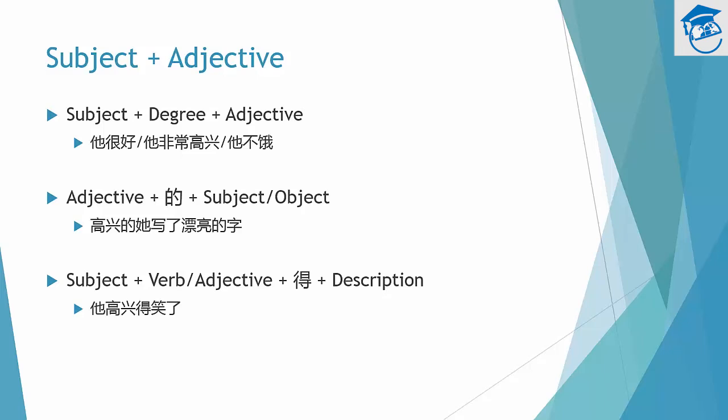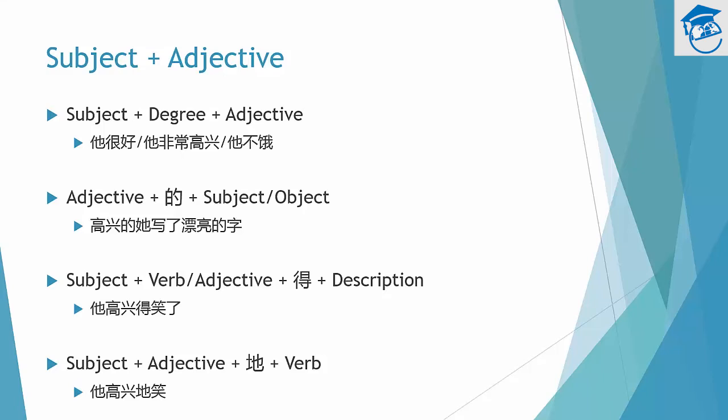And of course, there is another way to construct adverbs: subject, adjective plus 地 plus verb. The example I have here is 他高兴地笑. 高兴地 is happily, 笑 as you know is laugh. So the whole sentence is: he happily laughs.